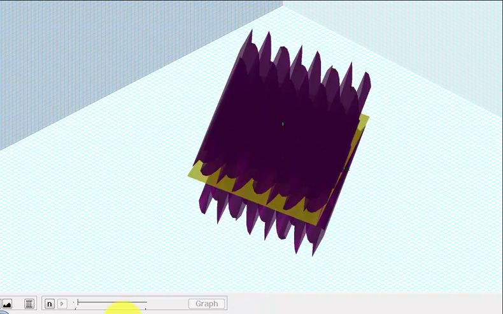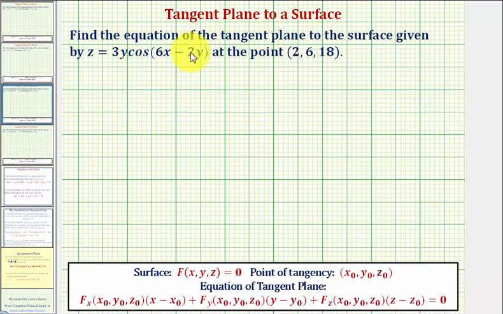So going back to our notes, we first want to write the equation of the surface in this form here, where we have a function of x, y, and z set equal to 0. We can do this by subtracting z on both sides of the equation. So big F of x, y, z would be equal to 3y times cosine of 6x minus 2y, minus z equals 0.